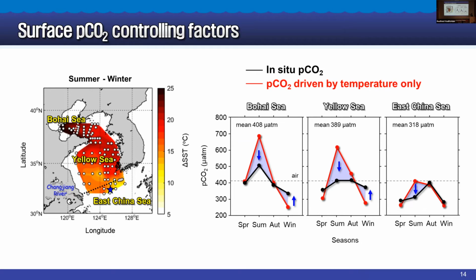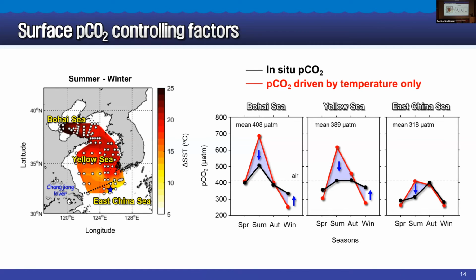This is directly calculated from the alkalinity and DIC, and compared with the temperature-driven pCO2 in red. If you look at these two profiles, 60 to 80% of the temperature-driven pCO2 changes were offset by biological activity during the warming period.